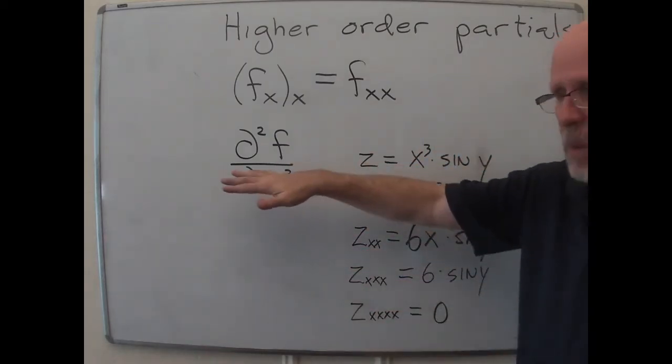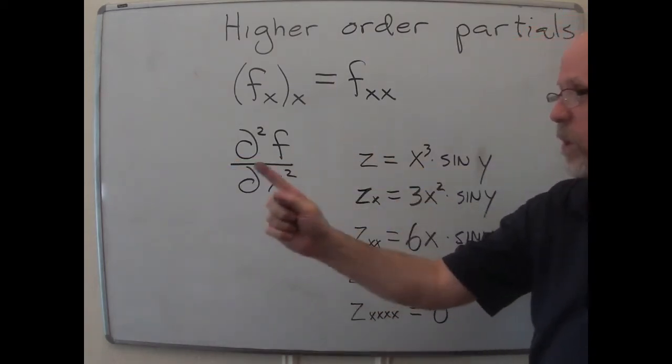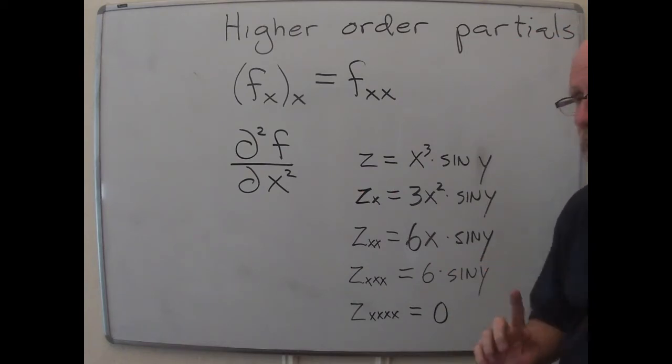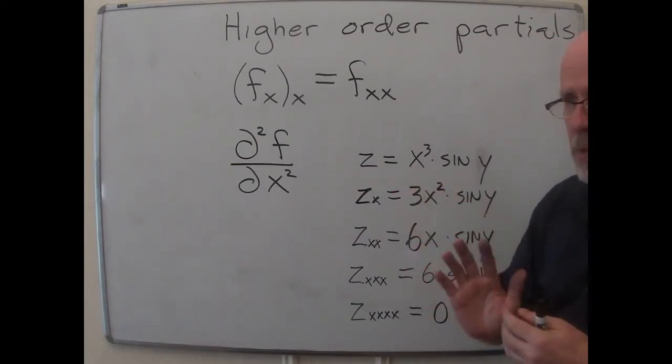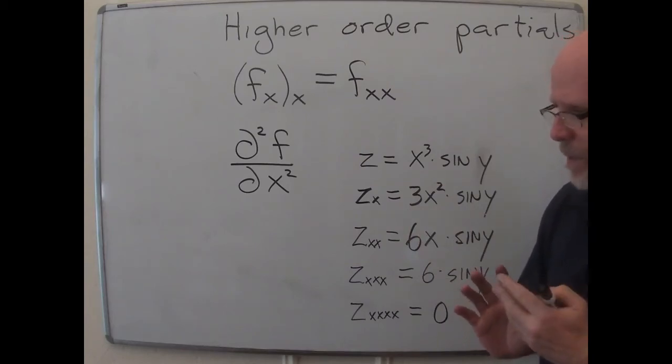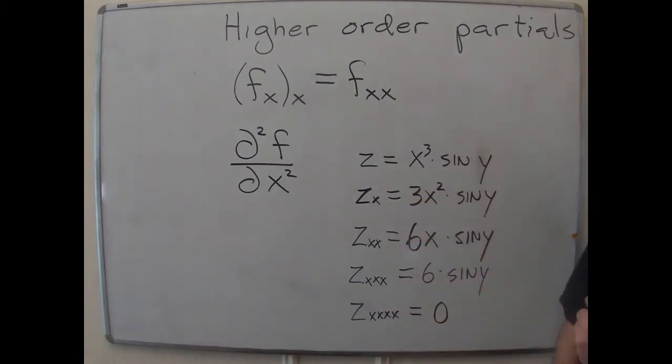You get the idea? I'm trying to mime this for you. We've got a surface z of xy out here, and I'm just moving along in the x direction. So I'm getting an ordinary two-dimensional function. You could think of it as y equals f of x, although it's really z equals f of x.